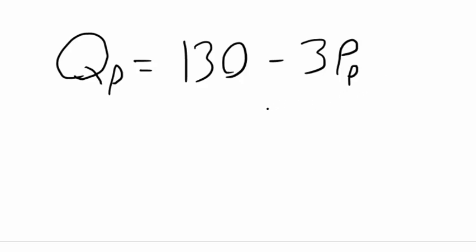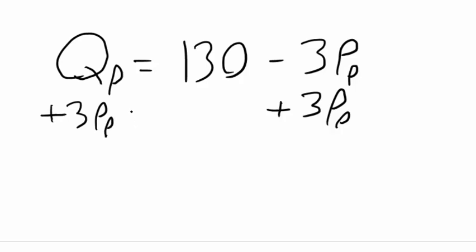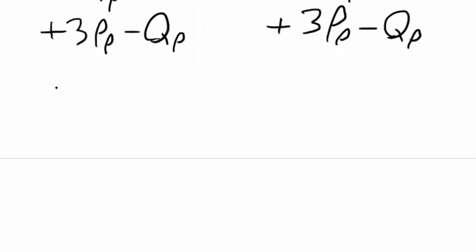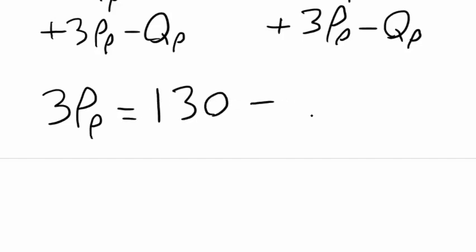We're going to add 3P to both sides, and then subtract the quantity of processors from both sides. And what we get is 3 times the price of processors equals 130 minus the quantity of the processors.